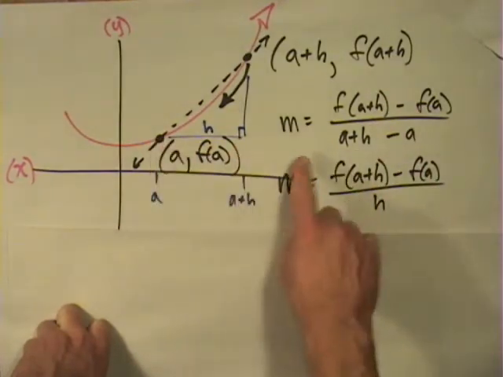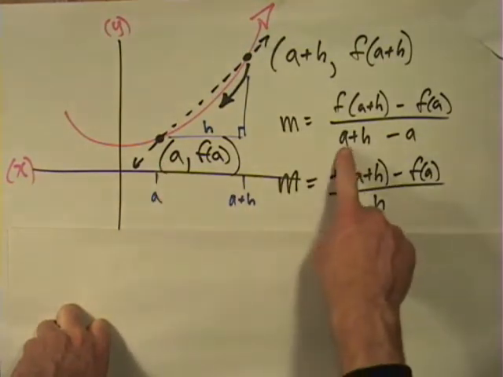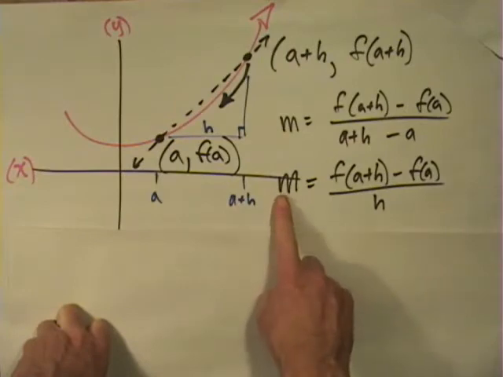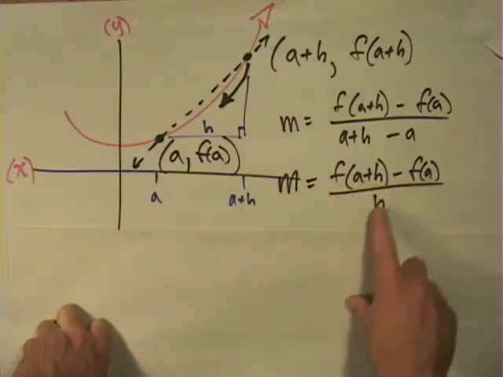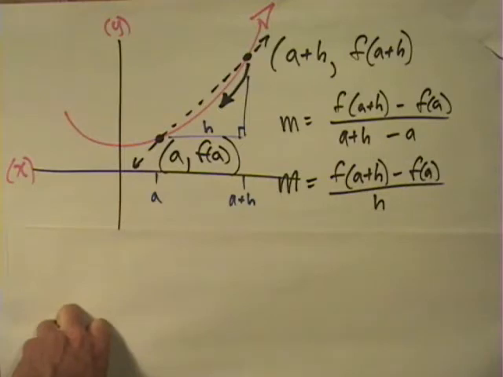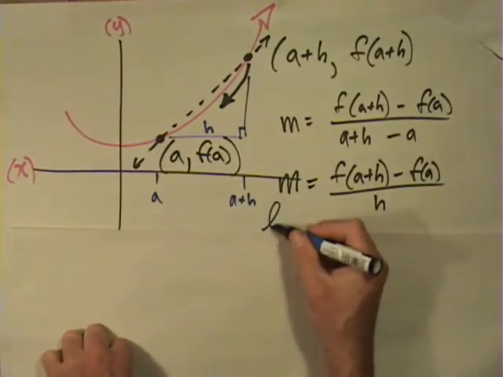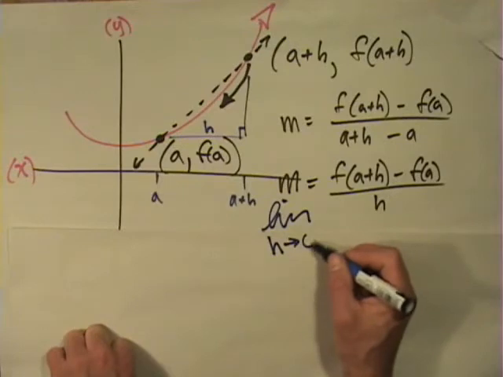And the run is just a plus h, taking away a, which becomes very simply h. So we end up with this equation, where the slope of our tangent line is this rise over this run, as the limit as our h value approaches 0.